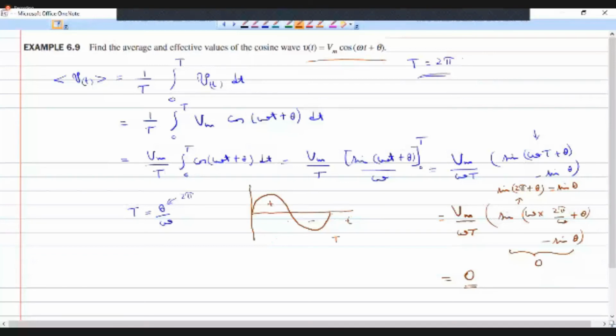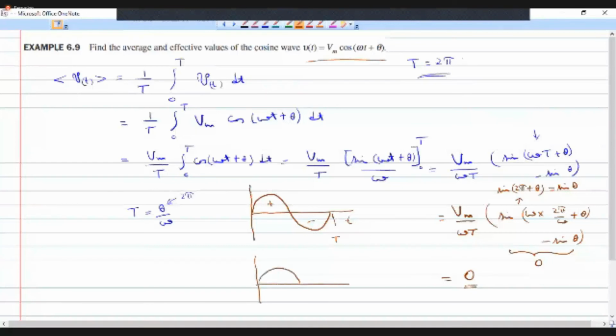But when you integrate over parts of the total time period, it will result in a positive or negative value depending on which region of the function you are taking. For example, in the case of a half-wave rectified voltage, where you will have only positive pulses, the negative pulses are clipped out.